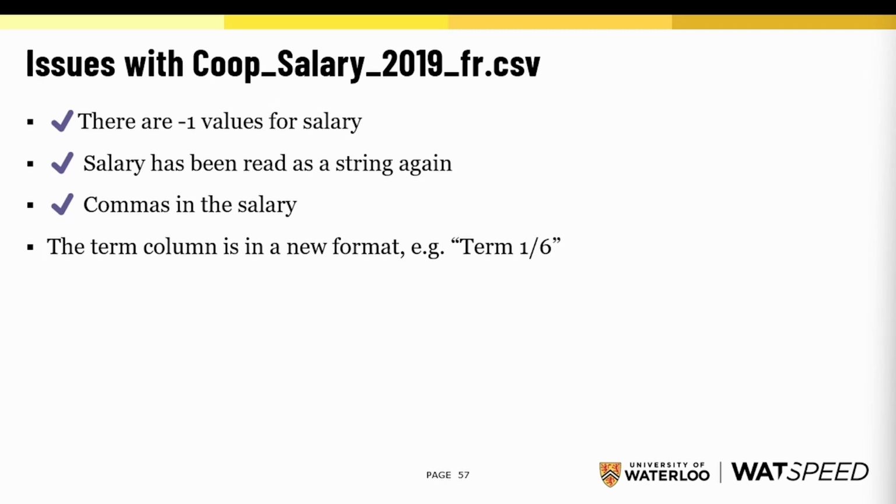Our salary has now been turned into a number. And we've dealt with replacing the commas with our locale-specific decimal separator. The next thing we need to do is clean our term column and turn that into a number. And we'll do that in the next video.